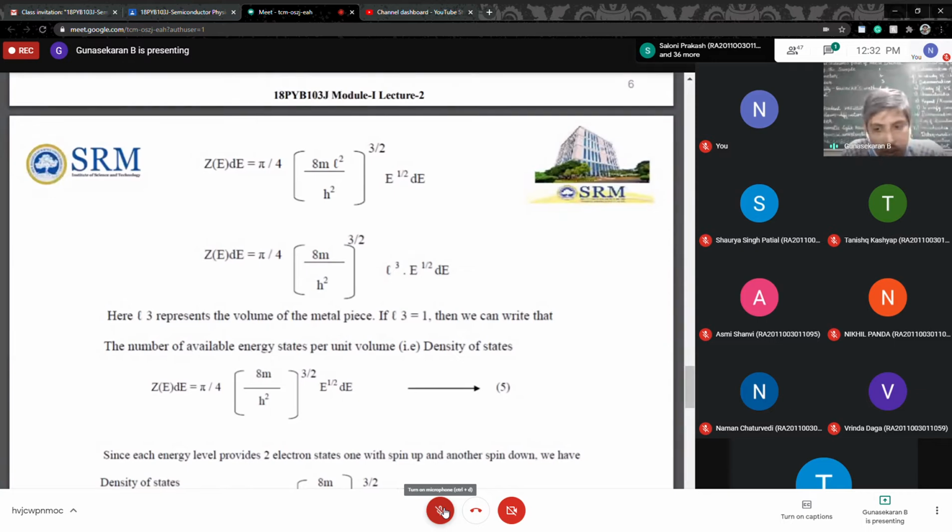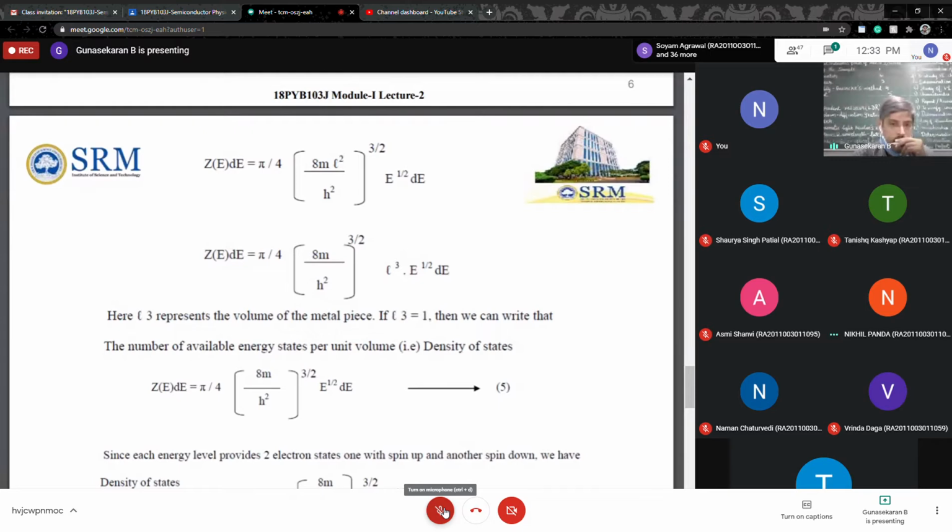So now you take equation 5, the number of available energy states per unit volume. Again, with this concept, each level provides 2 electron states. So simply I multiply equation 5 by 2. That is the density of states in those energy levels. Do you understand this? Yes.